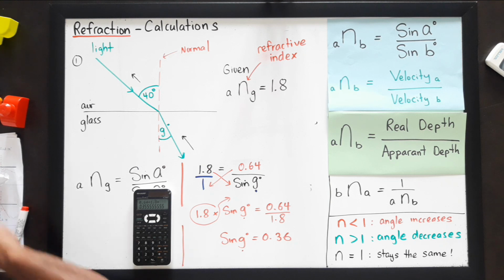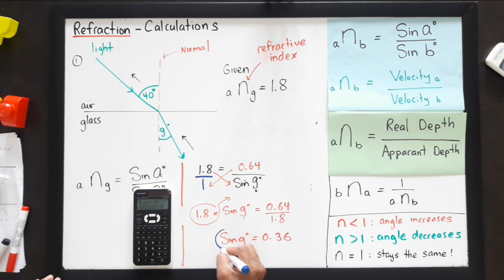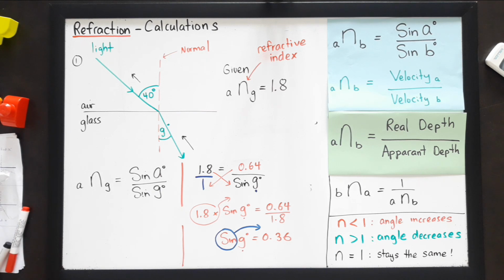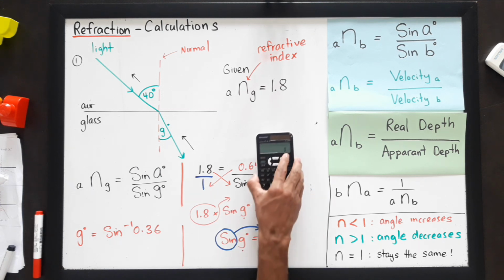We are still not finished. Remember, we are trying to find G, which means we have to throw across sine. And when you throw something across, you get the opposite. So I'm going to move across here. When you throw across the sine, the G alone will be left on this side, and the opposite of sine is sine inverse, 0.36. In my previous video, I showed you how to find sine inverse.